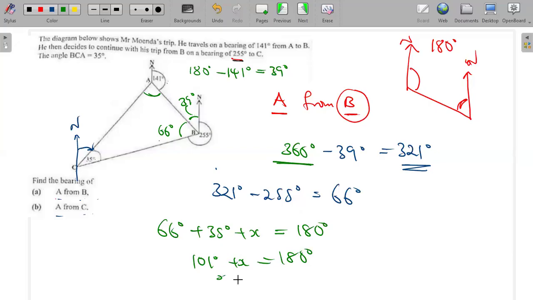Then x is equal to 180 minus 101, which gives me 79 degrees.